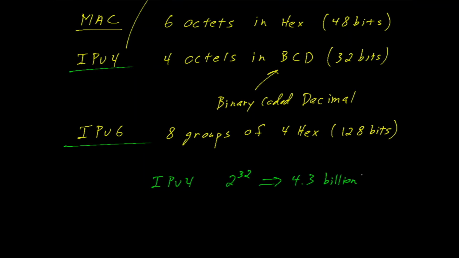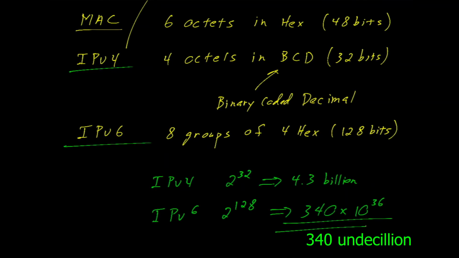It all adds up, and it adds up really fast. So we moved to IPv6, which now has 2 to the 128 possibilities. I'm not even sure how big that number is, but it's 340 times 10 to the 36 possibilities. So chances are, with IPv6, we're not going to run out of IP addresses.